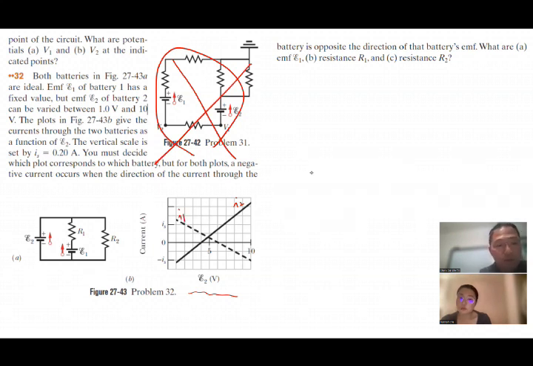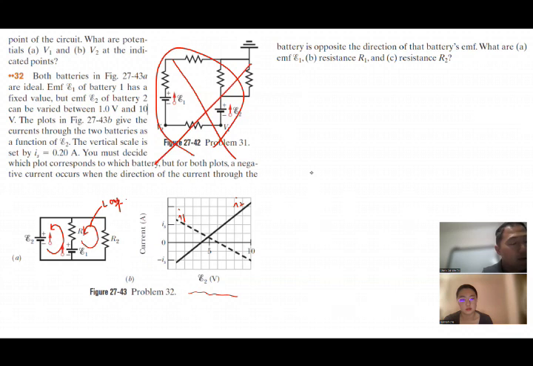So there are two current flows in this circuit. One is in loop 1 in this direction, and then this one also has a second loop. Let me take a look.